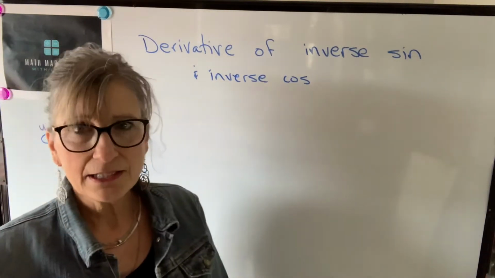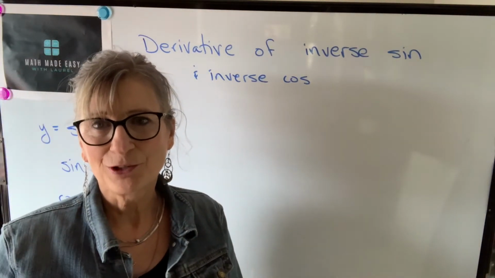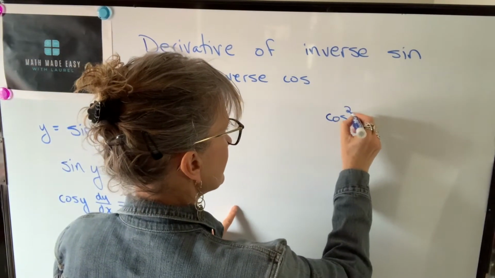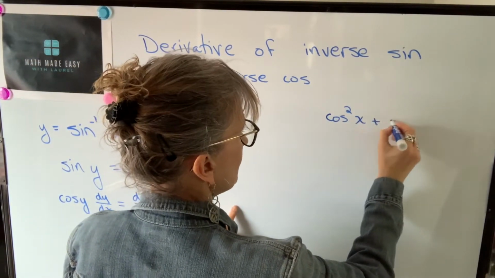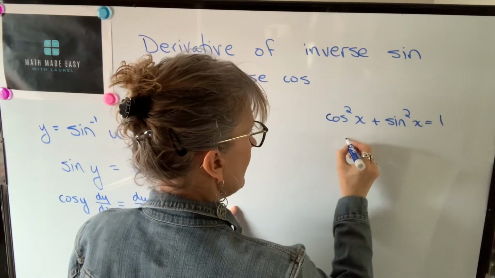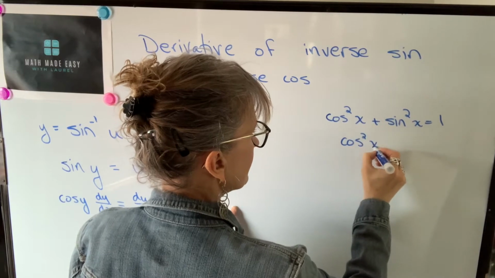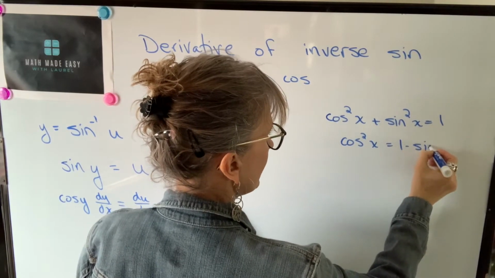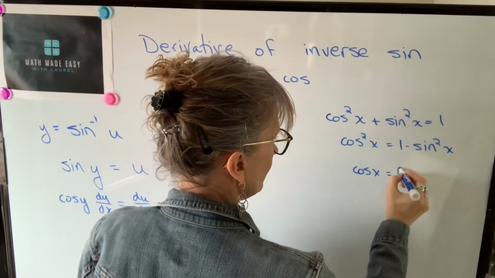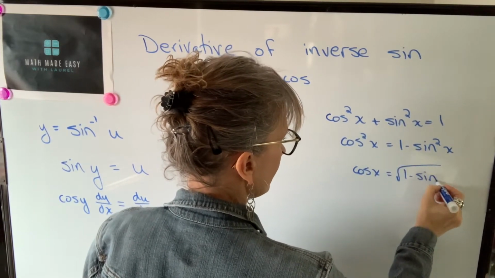So I need to use my Pythagorean theorem. Remember that cos squared x plus sine squared x is equal to 1. Therefore, cos squared x will equal 1 minus sine squared x. And cos of x will equal the square root of 1 minus sine squared x.